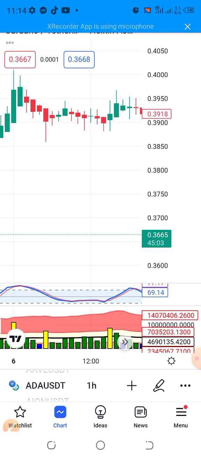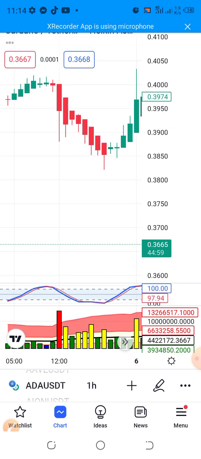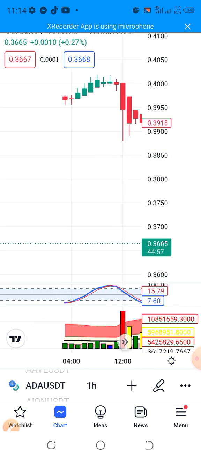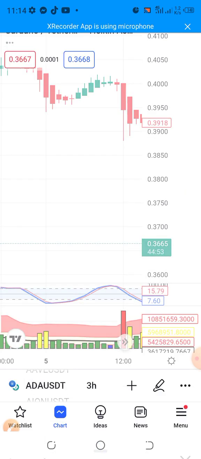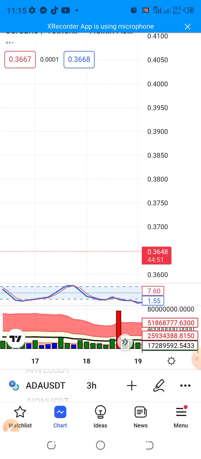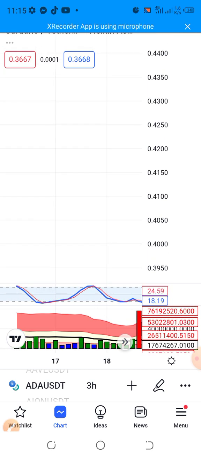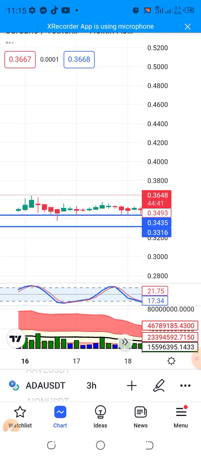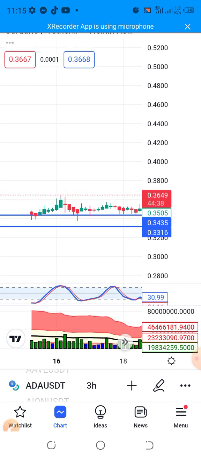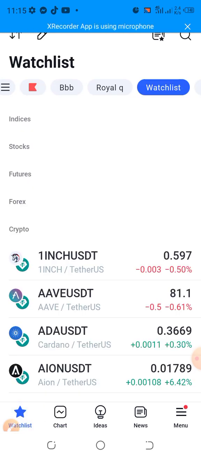Okay, let me try to get another. Let me get my 3 hours time frame, see if I can get something different. All right, let me try to get another coin. Maybe it can give us something different.